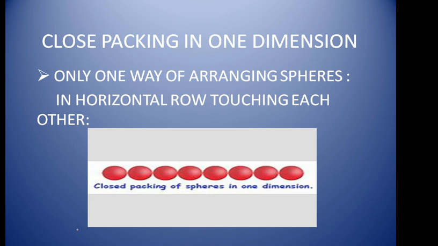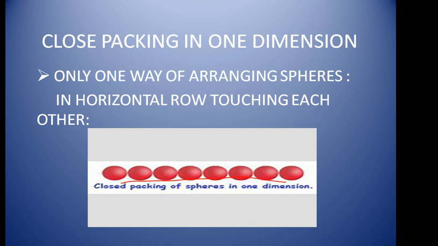Close packing in one dimension, there is no other way out. If you have to pack spherical atoms, molecules or ions, horizontally you have to keep them in a line touching each other. So this is the close packing in one dimension.